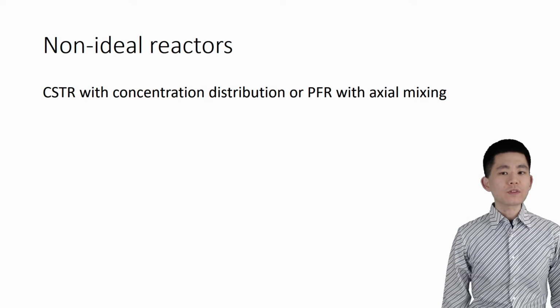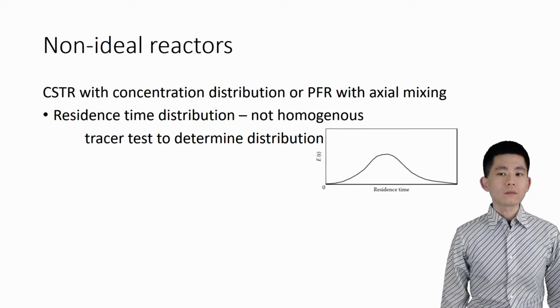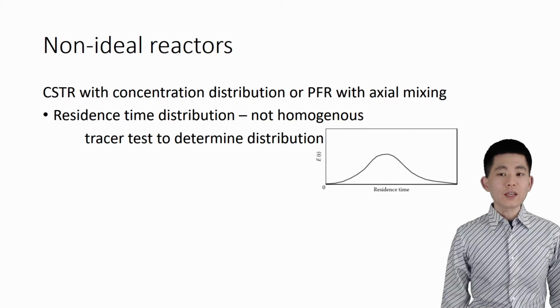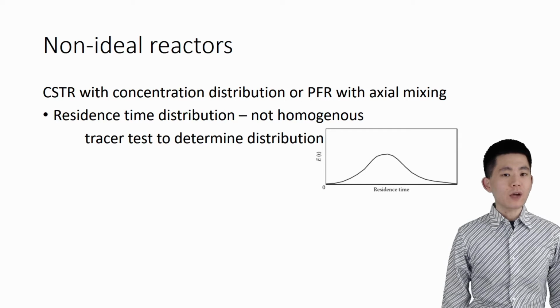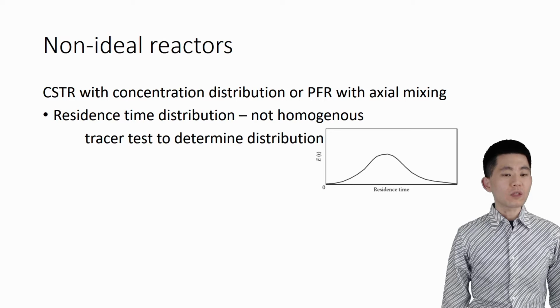The mixing for the CSTR can be incomplete, or there can be axial mixing in PFR. Therefore, the residence time is not a constant but follows a distribution. For example, in a CSTR, a part of the component goes directly from the inlet to outlet as a shortcut, while some stay in the reactor much longer than most of the components.